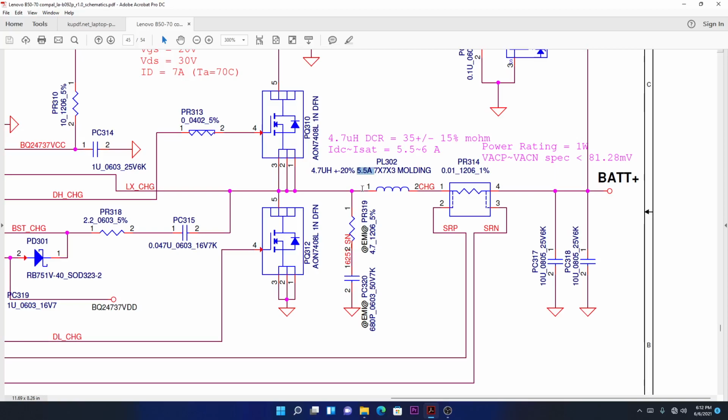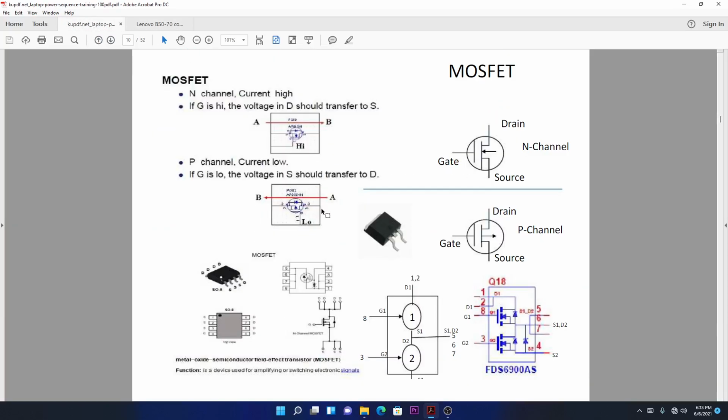We need a current of 5.5 to 6 amps. We need more current here to charge the battery, which has a power rating of 1 watt. But again, we need more watts, we need more current on this side, so we have to use N channel MOSFETs. I hope you understand the difference between the use of N channel MOSFET and P channel MOSFET.